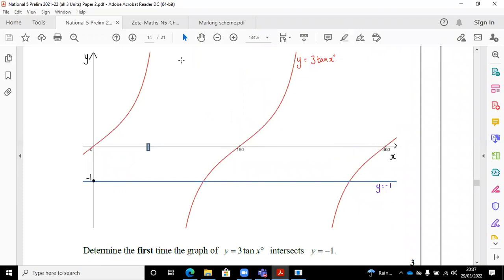So that y equals -1 only crosses when the tan graph's negative. So it crosses in between 90 and 180 and intercepts between 270 and 360. So it has to intercept in the second quadrant and the fourth quadrant.